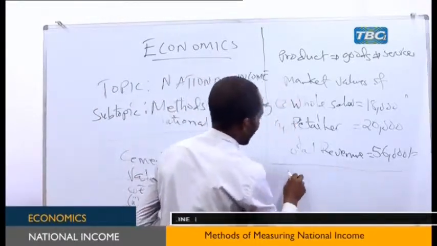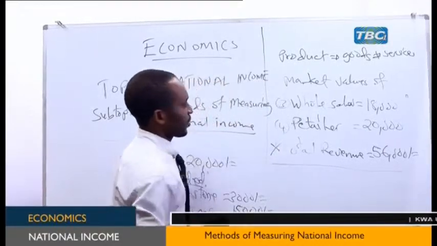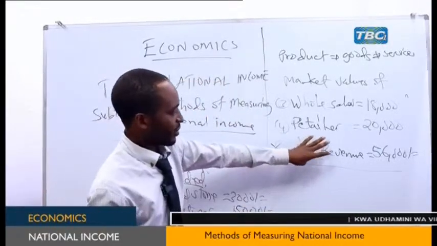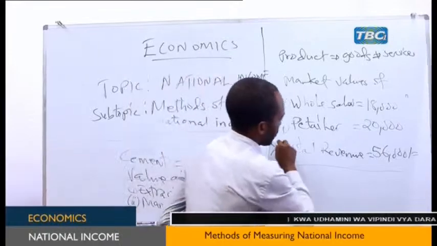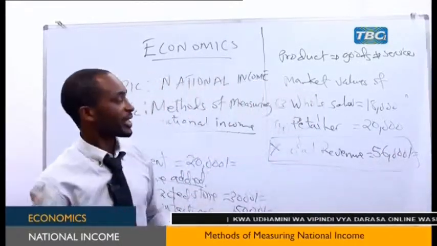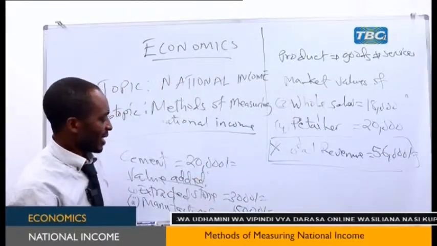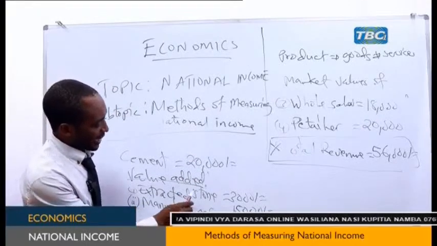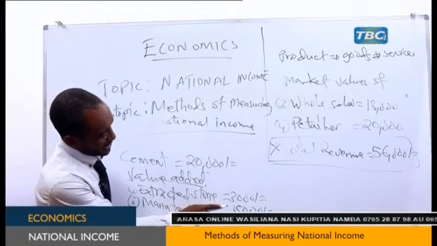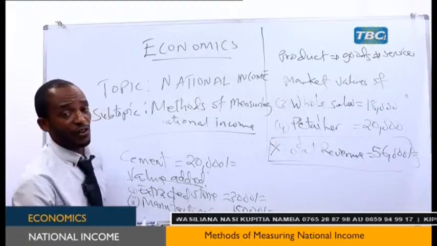So this is not the national income, so don't use this one. I said we need to use the value added approach. Value added means you take the value which is increasing in each stage of production.